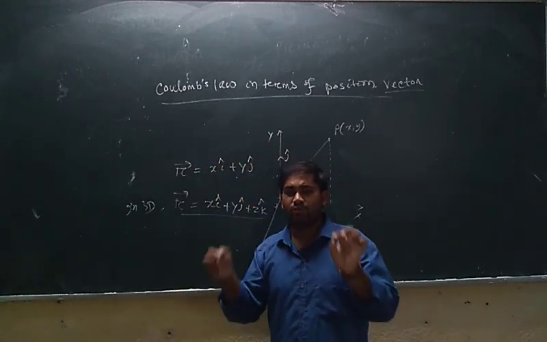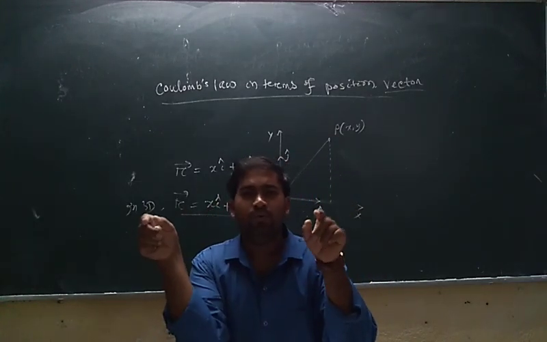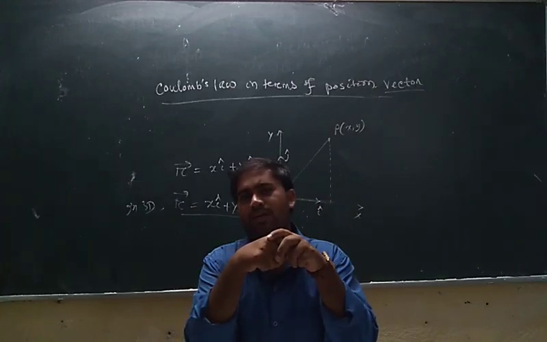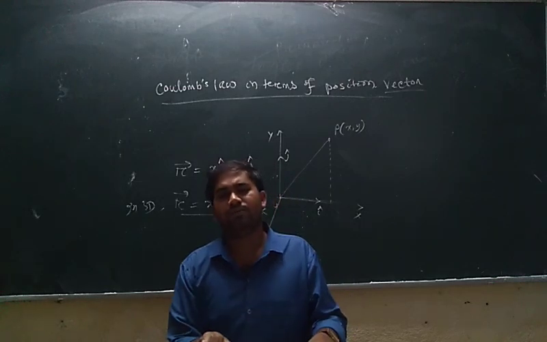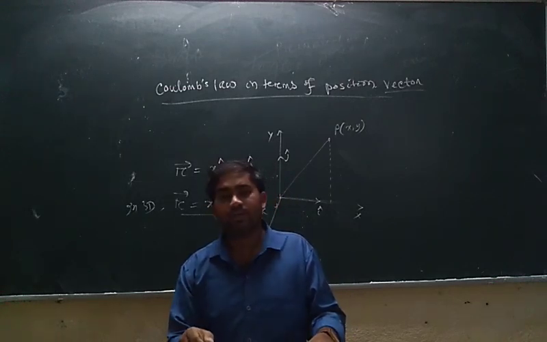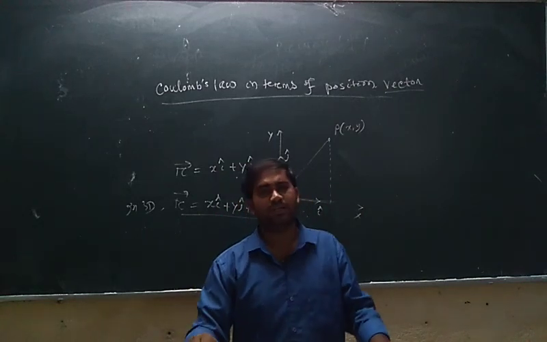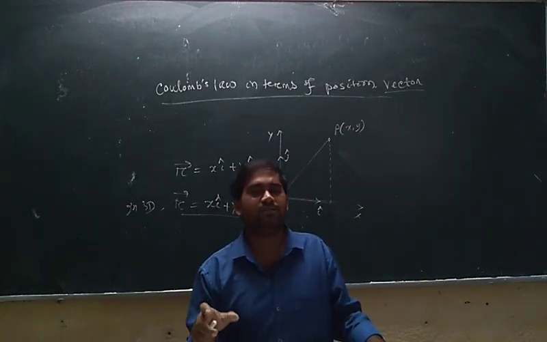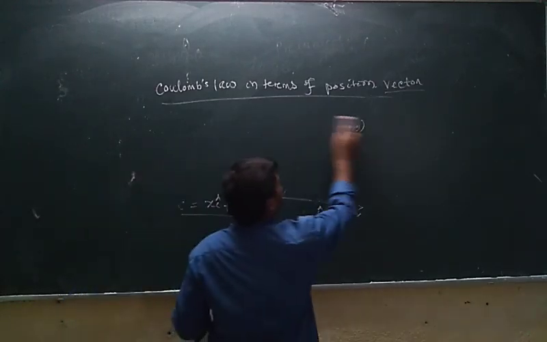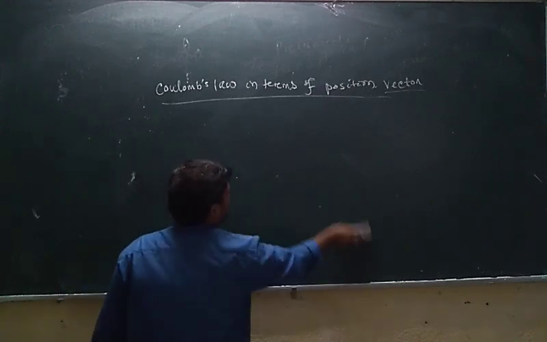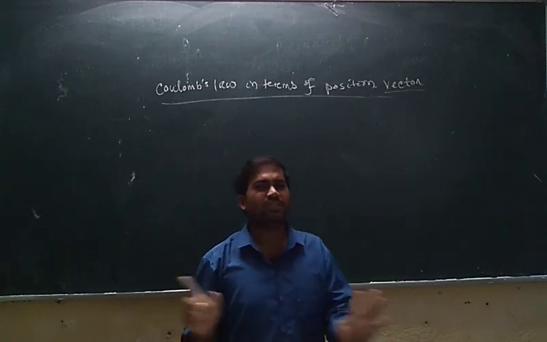That means we have to take two point charges q1 and q2 in a plane. You may take a two-dimensional plane. Suppose we place two point charges q1 and q2 in a coordinate system, and we have to measure the force between q1 and q2 when their position vectors are given. Suppose I take the case of two positive charges, q1 and q2 both positive in nature.